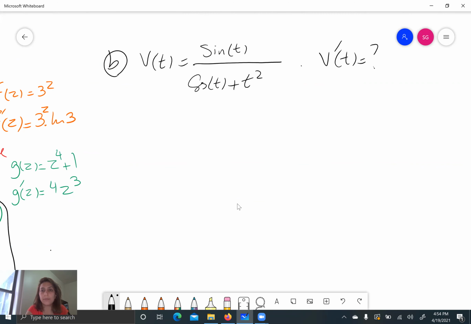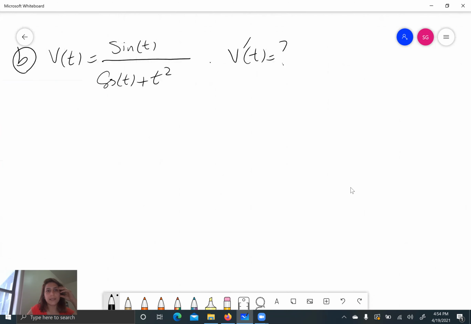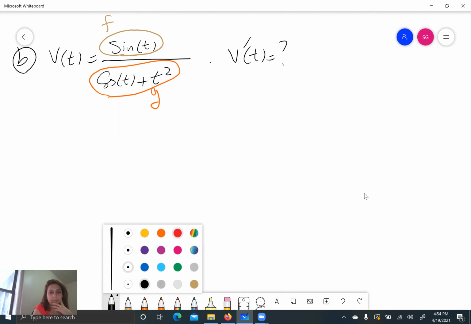What is v prime of t? Again, for simplicity, let's name the functions f and g, so when we apply the quotient rule, we can simply refer to them. What is the quotient rule again?